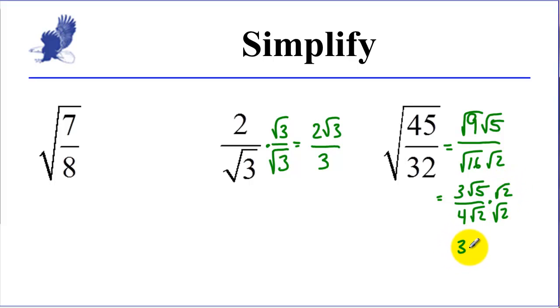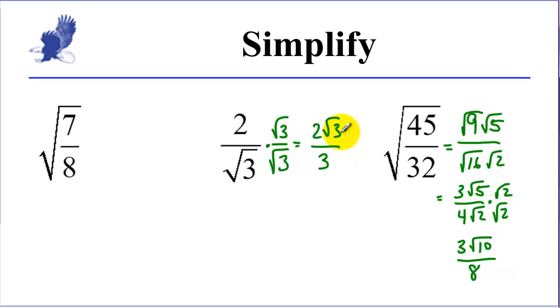And now we have 3 radical 10. And on the bottom we have 2 times 4 is 8. Now before we're done, we need to check two things when we have a fraction like this. We need to check, can this fraction here be reduced, in which case no. And we also need to see whether or not this radical that gets formed could be reduced, but there's no perfect square that divides into 10.